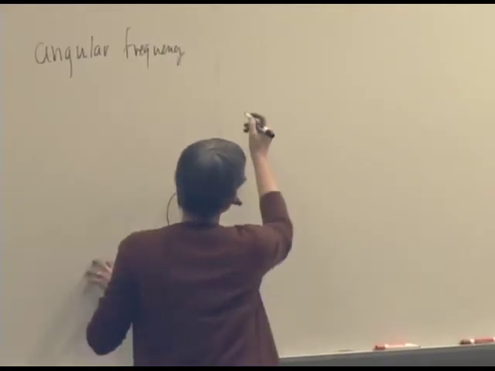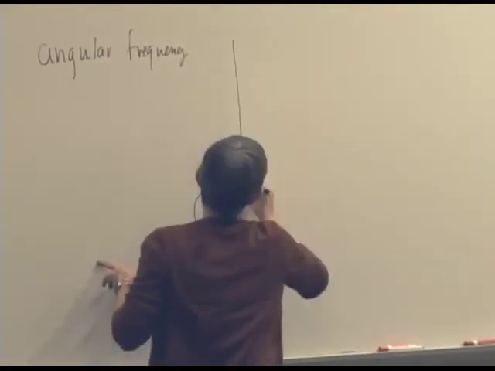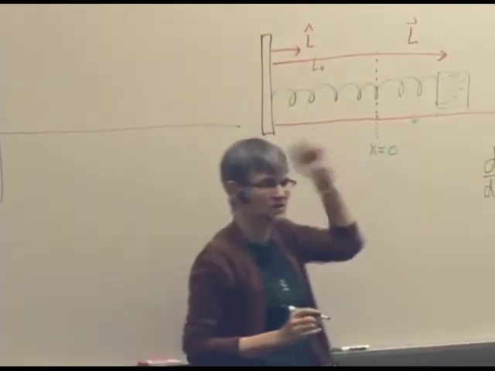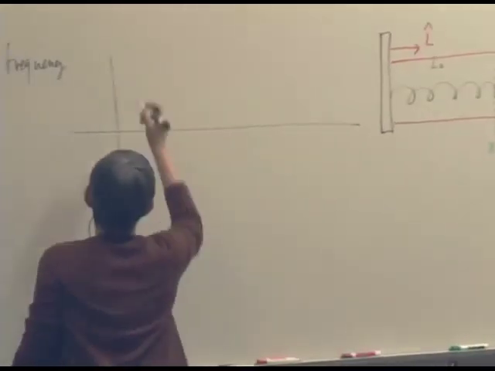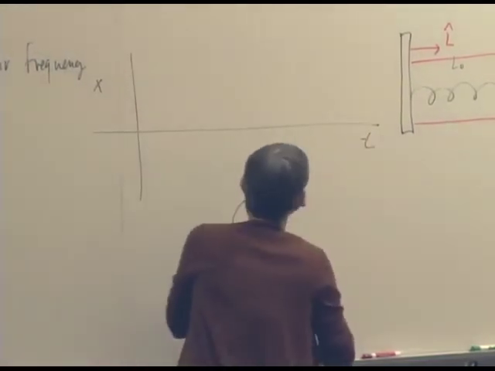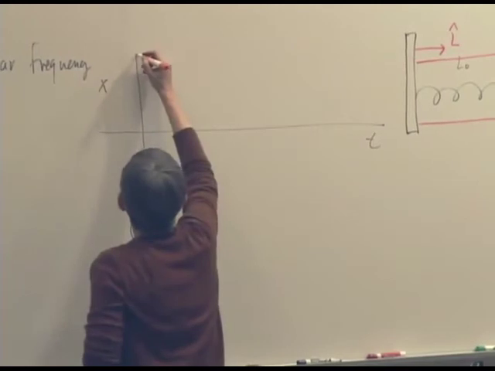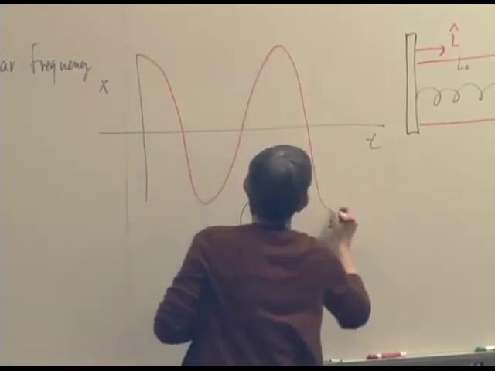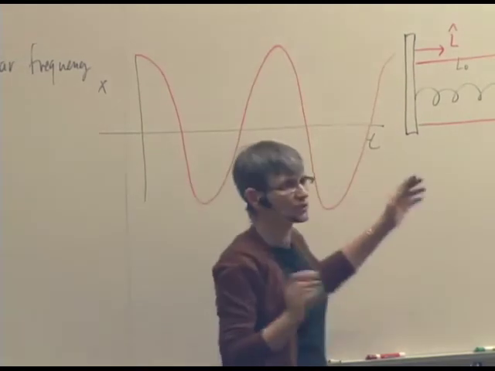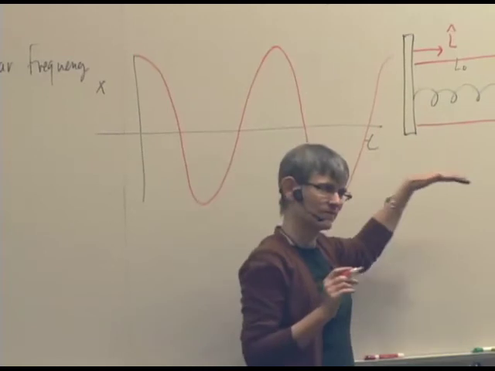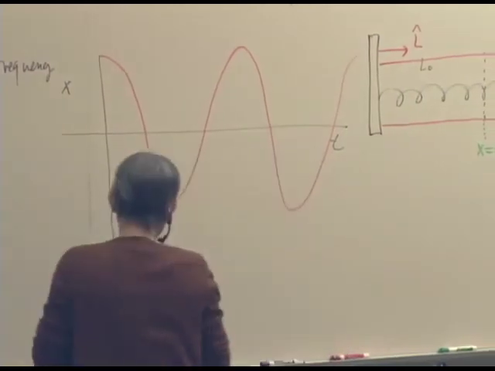And if we plot the position, the x versus t for this mass as it's oscillating back and forth, okay, so if this is x, this is t. It should do something like this, assuming that there truly is no friction. If there is friction, of course, it's going to die down.